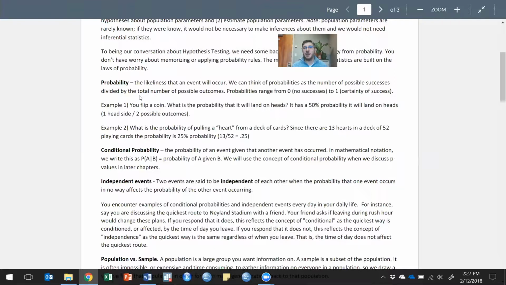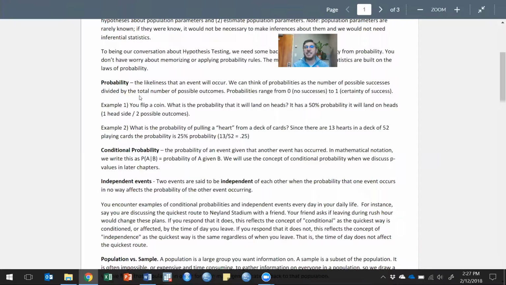You can read more about it if you like, but basically probability is the likelihood that an event will occur. Think about if you flip a coin, right? There's a 50-50 chance that the coin will land on heads. Probabilities range from 0, which means there's no chance of success, to 1, which is a certainty of success.